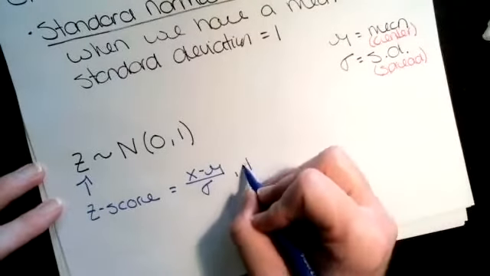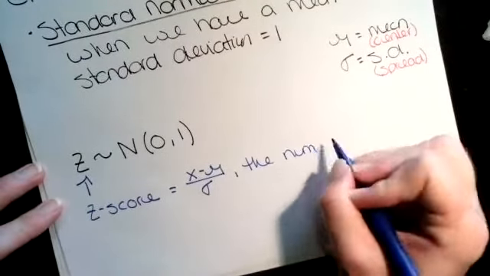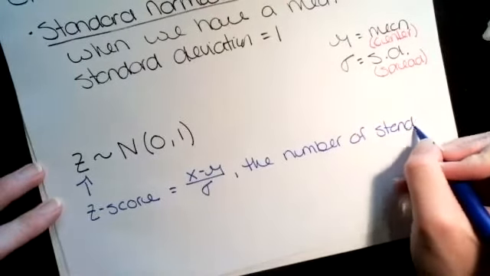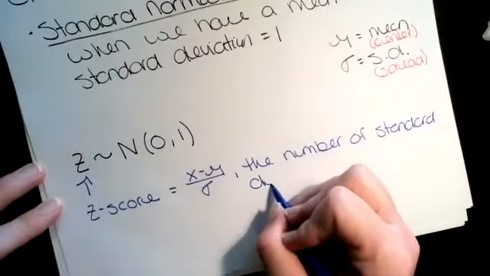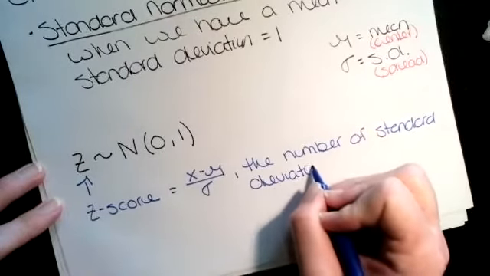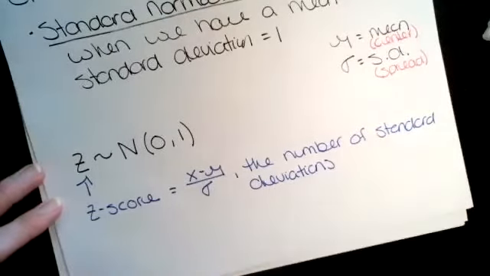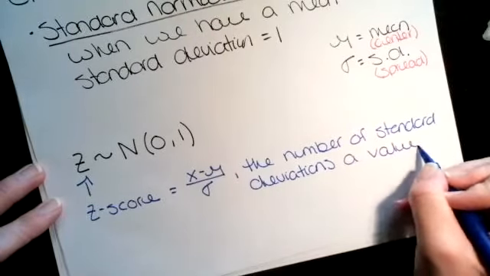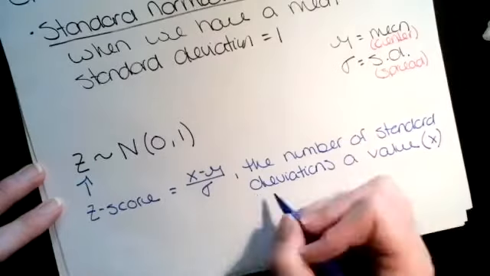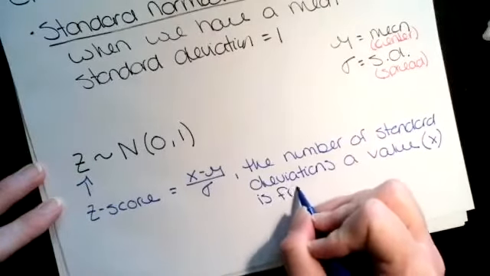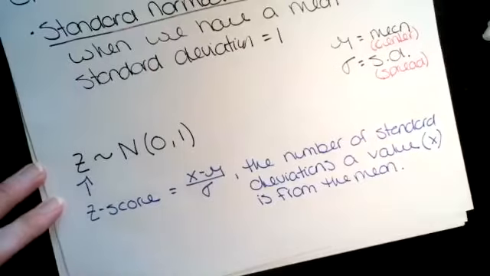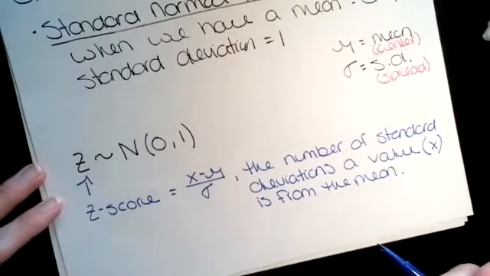The Z-score told me the number of standard deviations a value, which is X, is from the mean. So it told me how many standard deviations we are from the mean.